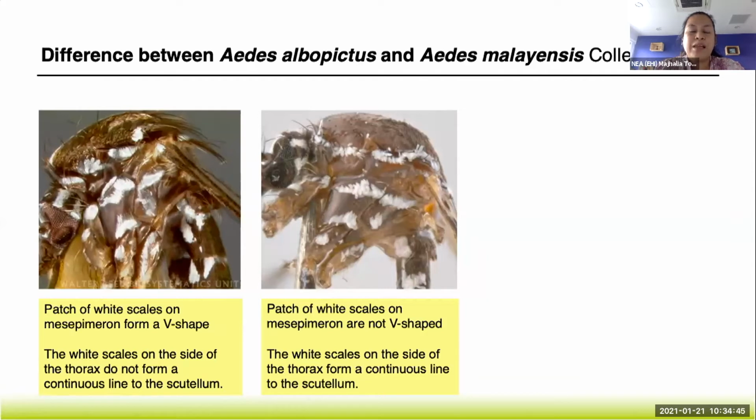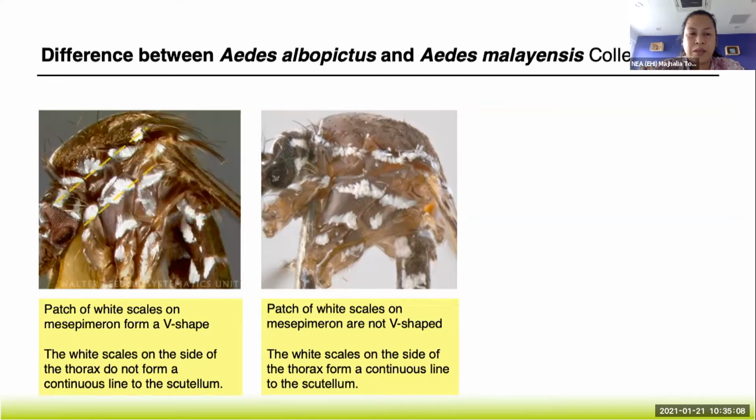But for malayensis, it doesn't form a distinct V shape because the line is not connected or complete as that of albopictus. But there are also these white scales on the side of the thorax, but for albopictus, they do not form a continuous line up to the scutellum.